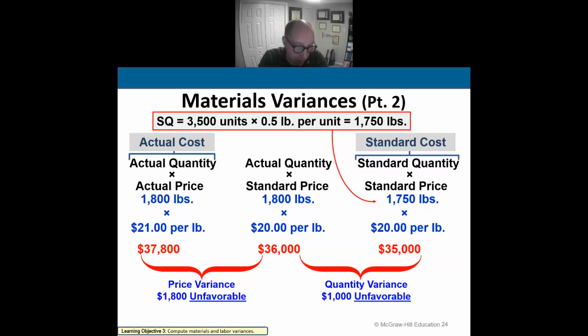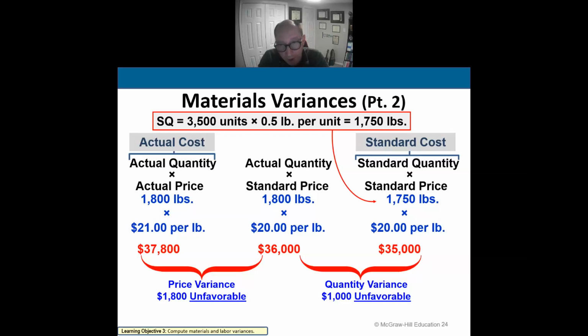To find the price variance, I take the actual cost, 37,800, minus the variance to find the price variance. 1,800 is my variance. And that's unfavorable. The reason why it's unfavorable is because, again, my actual was greater than my standard.